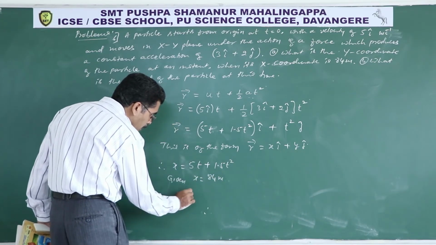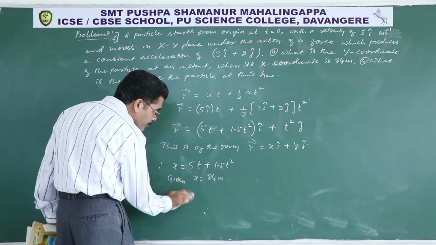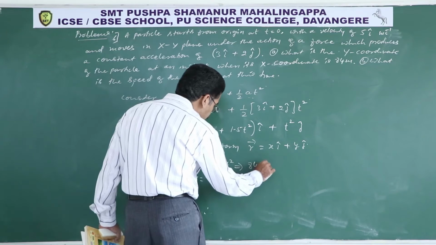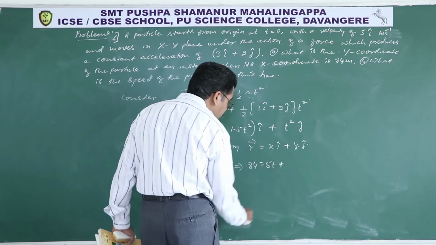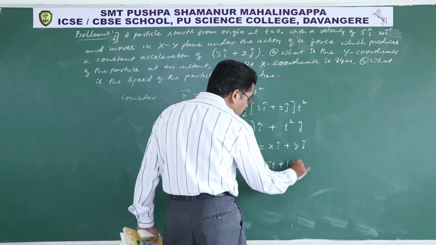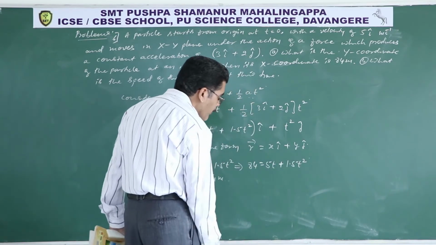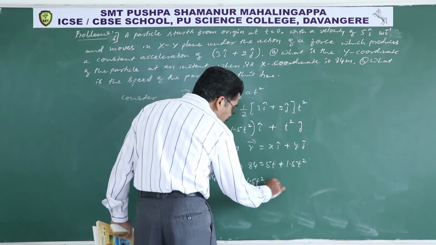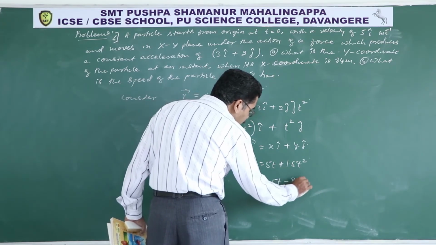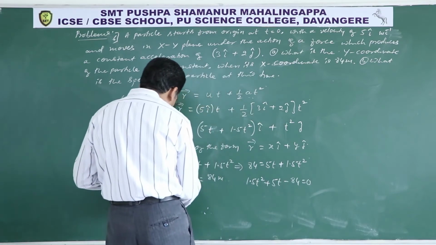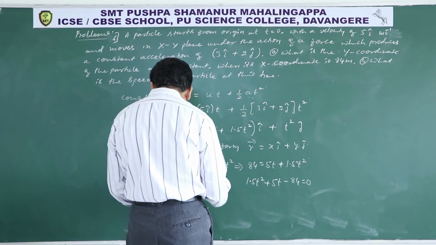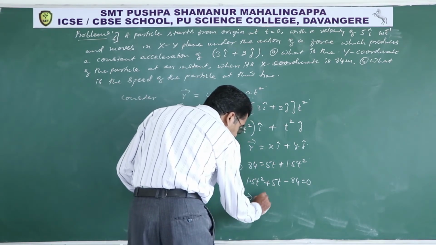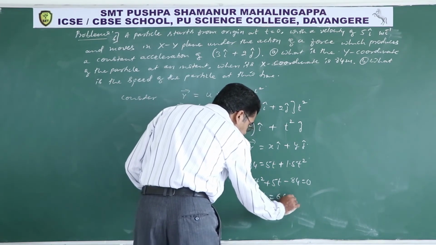So therefore 84 is equal to 5t plus 1.5 t square. It's a quadratic equation. You please simplify this: 1.5 t square plus 5t minus 84 is equal to 0. When you factorize this and simplify, on solving you are going to get t is equal to 6 second.